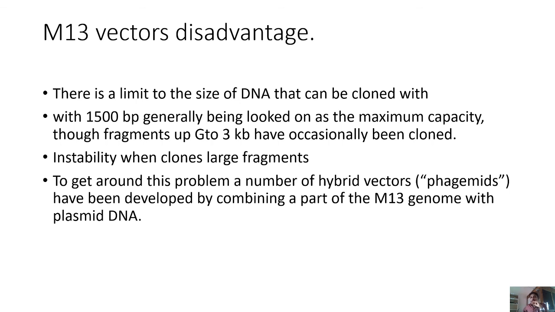In recent generations of M13 vectors, we can introduce up to a maximum of 3000 base pairs or 3 kb of foreign DNA. So this is a much smaller DNA that we are introducing here. Obviously this is a big drawback of the M13 vector.